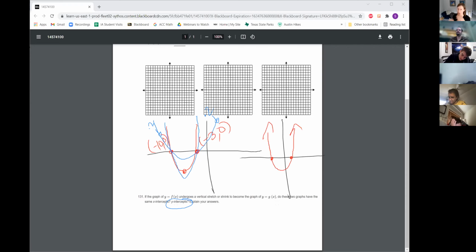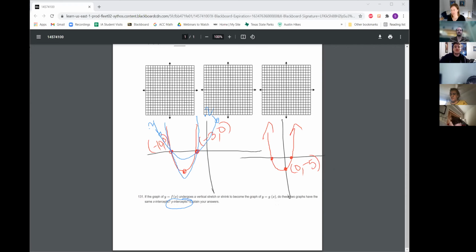So when I multiply all my y's by stuff, they're not going to change. But this point here, let's say this is (0, -5). If I do a stretch or a compression, it's going to multiply the y. So will that change? Is it going to stay a -5 or will it change?